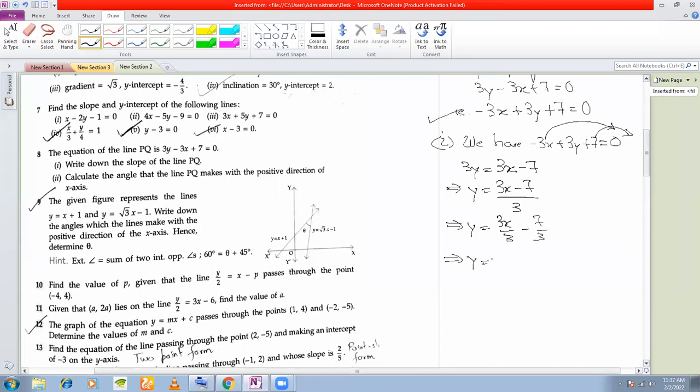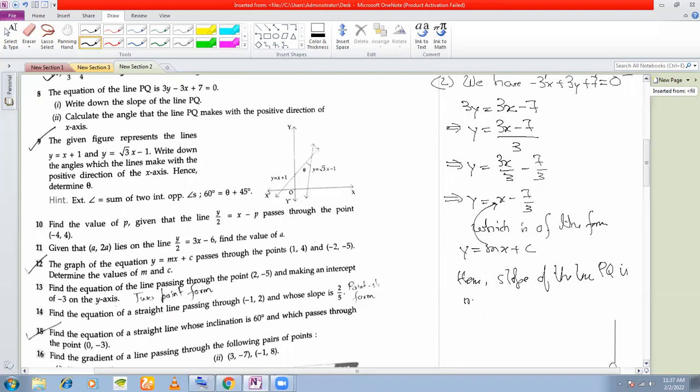That means y is equal to x minus 7 by 3, which is of the form y is equal to mx plus c. And what are the coefficients here? M, the coefficient of x here, is 1. Hence, the slope of the line PQ, the given line, is m is equal to 1.